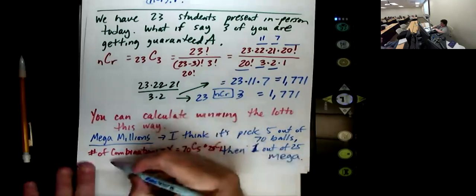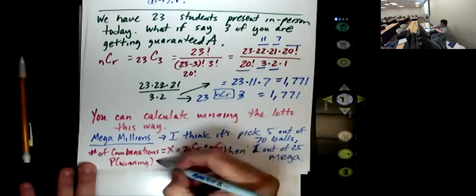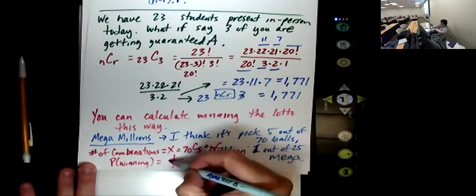And the probability of winning, whatever that number is, is 1 over the value X.